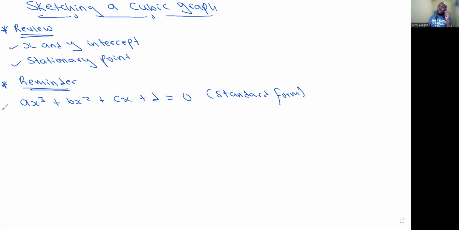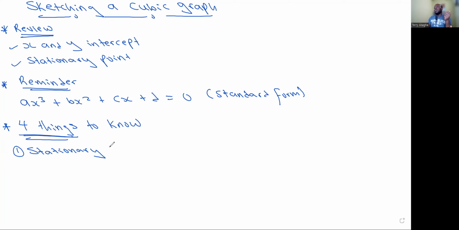Now, in order to sketch a graph, there are 4 very important key things you need to know. The first one is the stationary point. So you need to find the stationary points or coordinates.